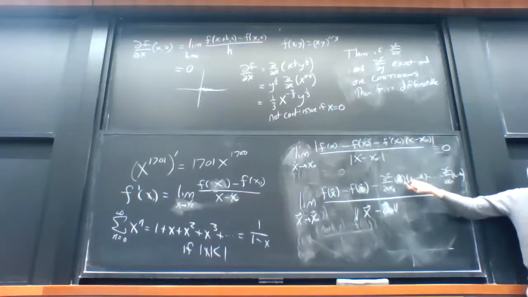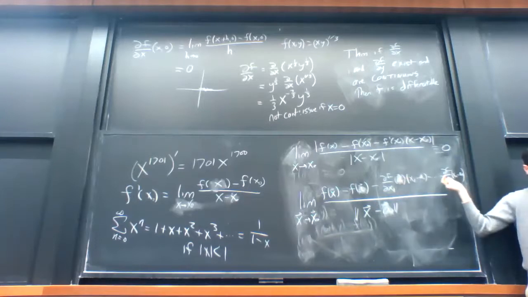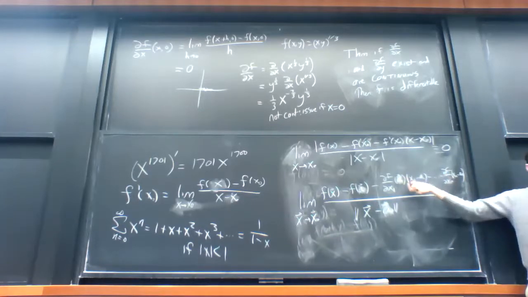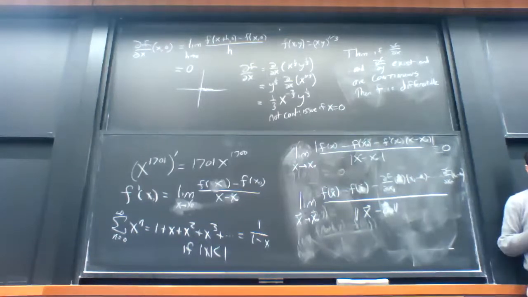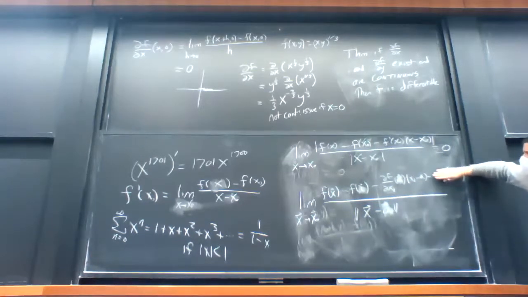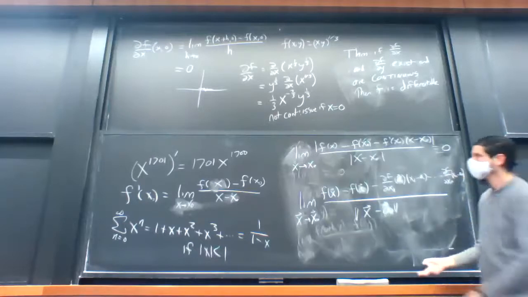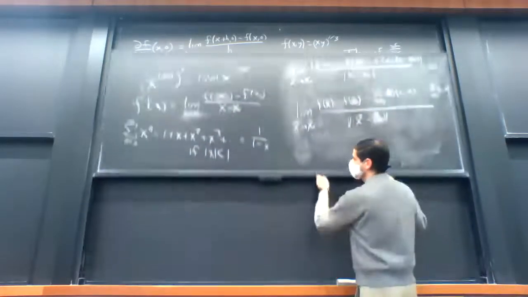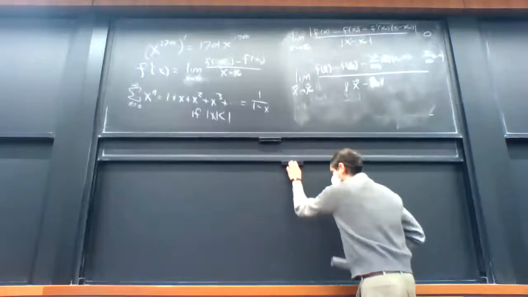So what we're doing is we're taking our partial derivatives, evaluating them at the point that matters, and then multiplying by how much we're moving in that direction. So if we only had one variable, we just reduce to what we had before.